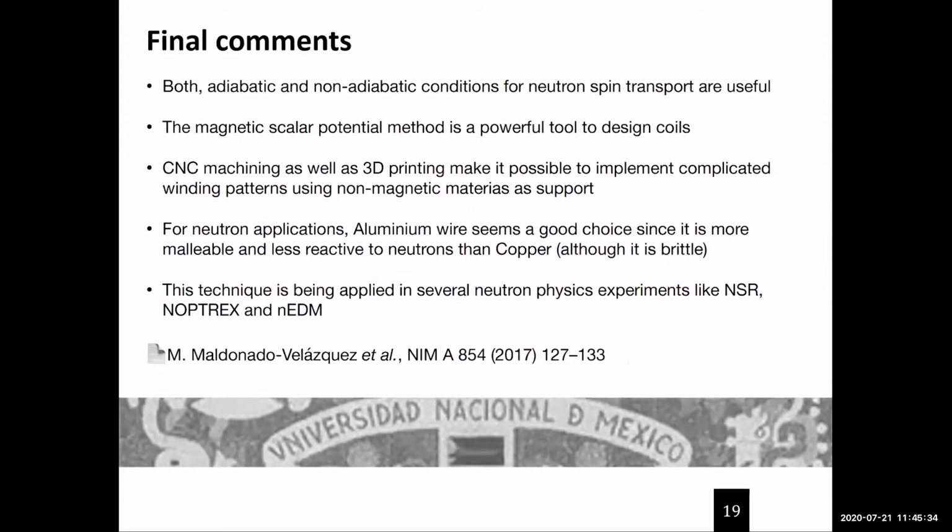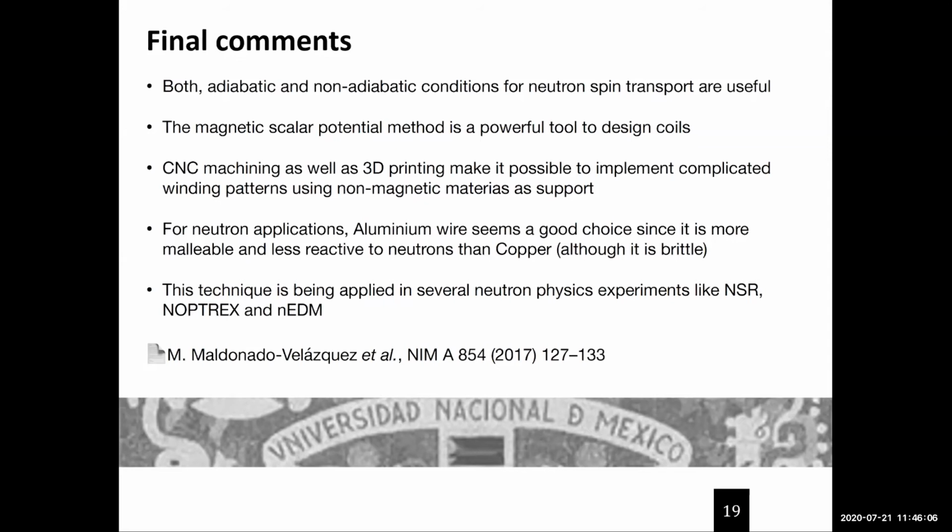The magnetic scalar potential method that Chris has developed is a very powerful tool to design coils. Techniques like CNC machining as well as 3D printing can make it possible to implement complicated winding patterns using non-magnetic materials as support or as a structure for these coils.